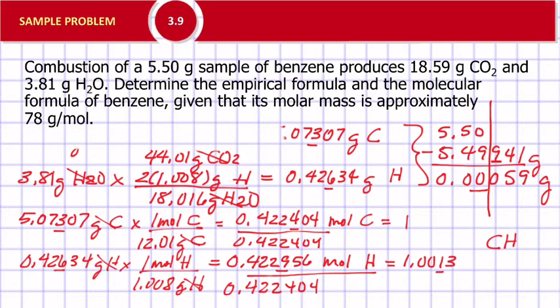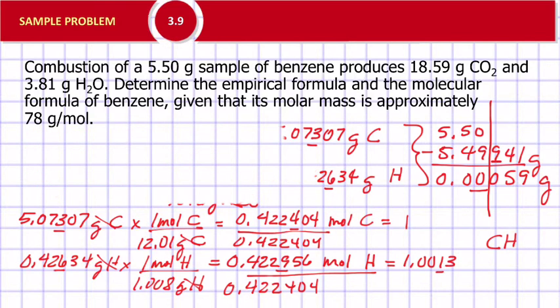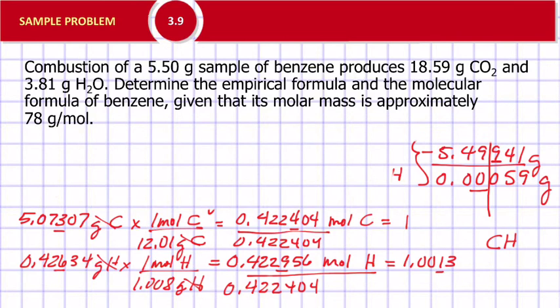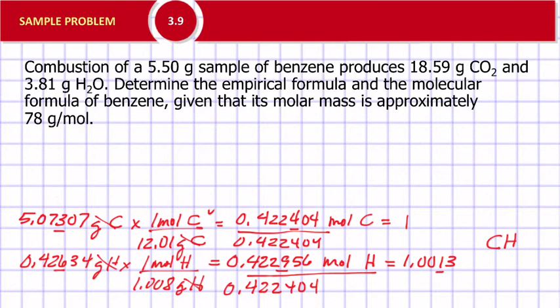I'm going to erase this stuff up here because I need some space. So we found the empirical formula, but what's it asking for? What's the molecular formula? And the empirical formula. So that is one of the answers. There's our empirical formula. The molecular formula is going to be some multiple of that.